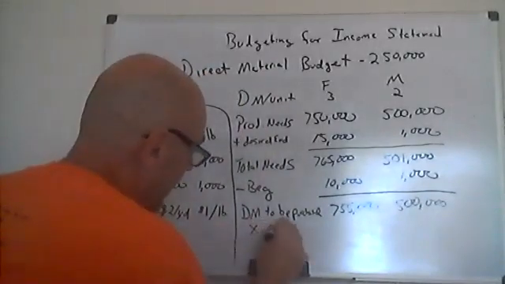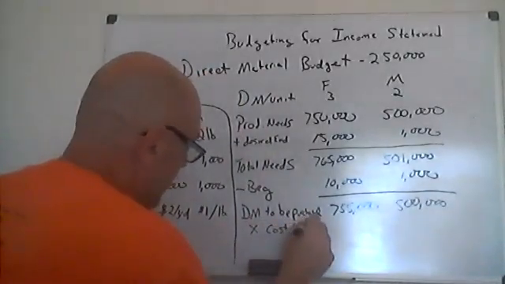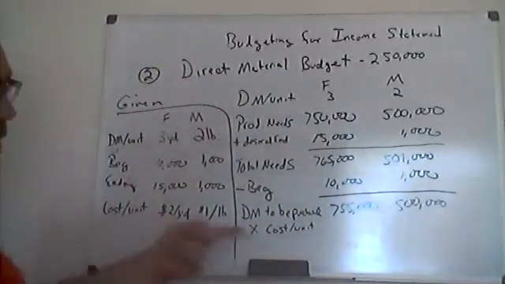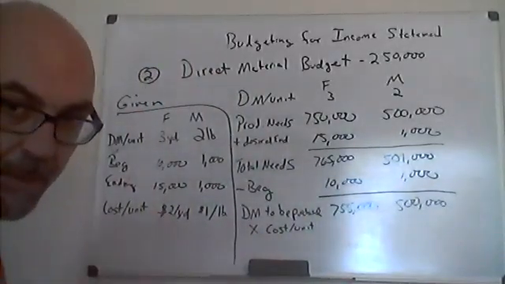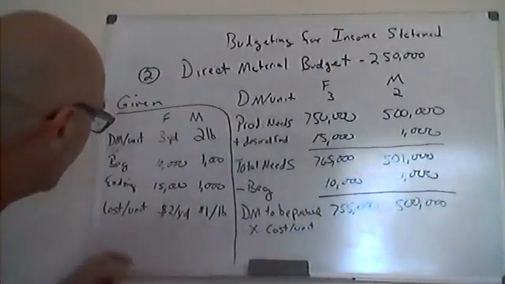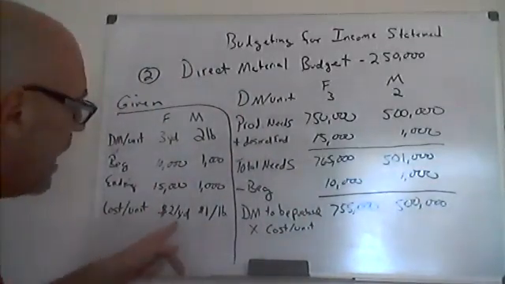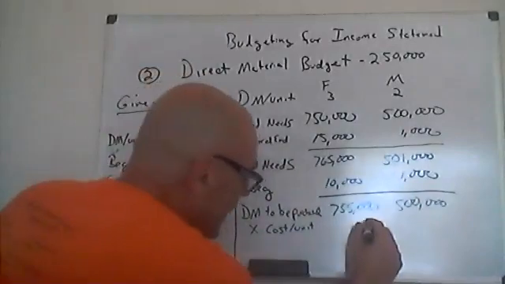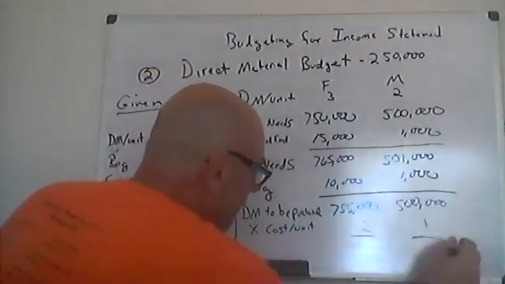We multiply that by the cost per unit, which again, if you're doing a flexible budget, you would want to leave open so you can change it around. But here it's $2 per yard and $1 per pound, so times 2 and times 1.